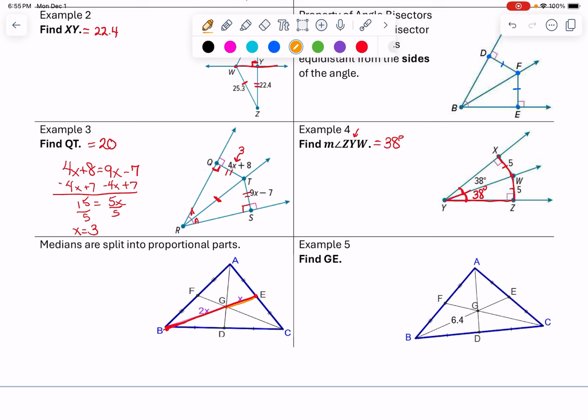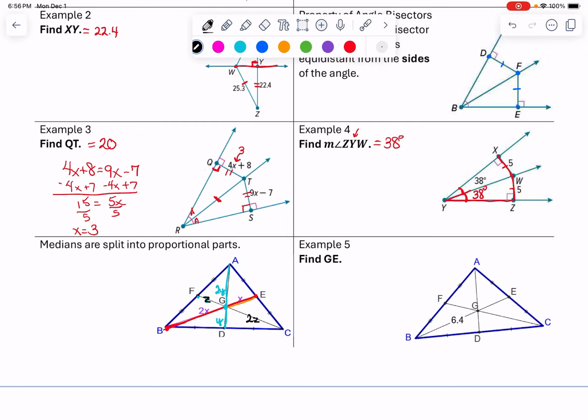So when all of the medians of a triangle intersect at a common point, this point G, whatever this segment GD is, AG will be twice as long. And since CF is also a median, whatever GF is, CG has to be 2 times that.